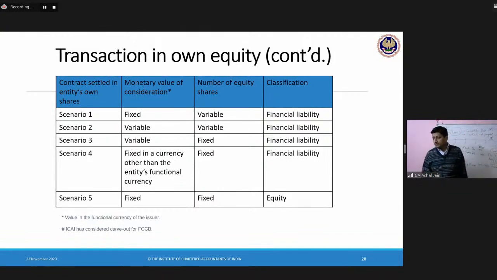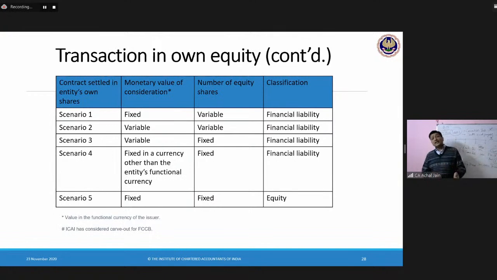The issuer will check whether the instrument will become equity or liability, or it may be both. Like I just touched upon, an instrument may become a compound financial instrument, wherein it may have to be divided into two parts. But such a breakup of that instrument into two parts will not be done by the holder.